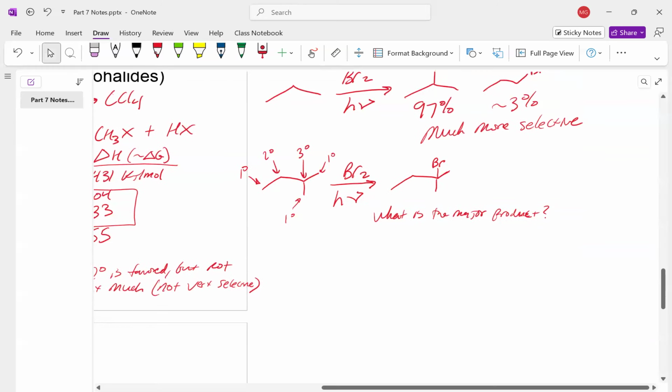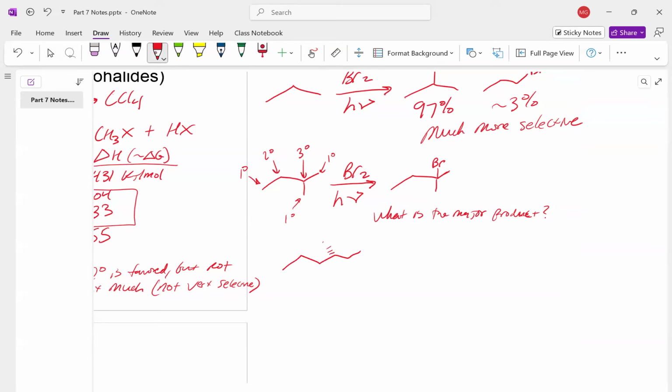All right, let's look at another example. So again, what is going to be the major product? So you want to identify primary versus secondary versus tertiary. And this carbon right here is tertiary.